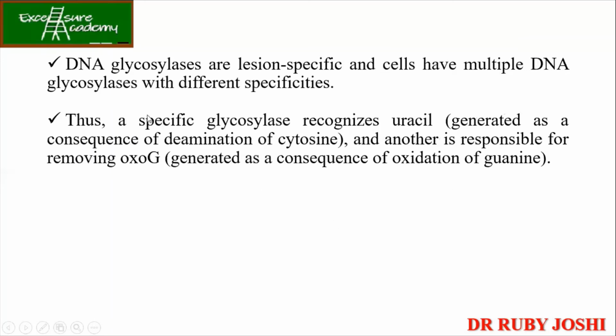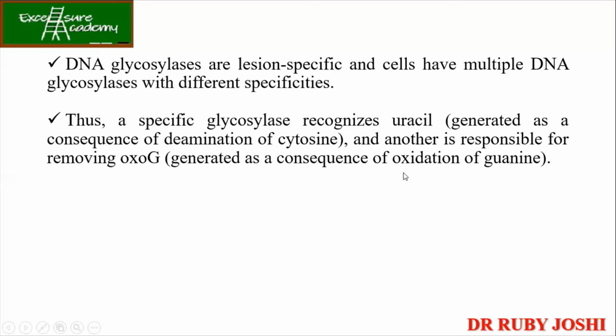Now, DNA glycosylases are lesion specific, and cells have multiple DNA glycosylases with different specificities. A specific glycosylase recognizes uracil, which is why we did uracil just now. Another one is responsible for oxo-G. Do you remember oxo-G? Today only we discussed oxo-G. What was oxo-G?